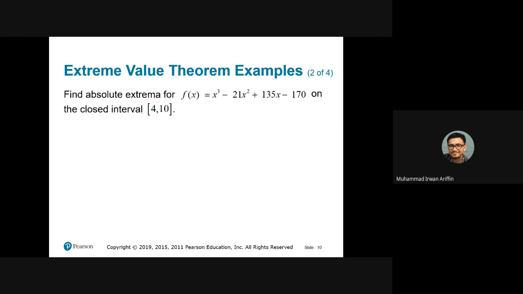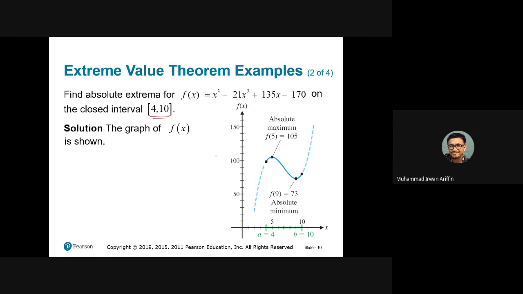As we move on, let's see what happens when we make the interval smaller. Instead of 2 to 12, now we make it smaller, 4 to 10. Now, from 4 to 10 would be the focus of our analysis. It has become smaller, so we now exclude these tails, both tails on the left and right.